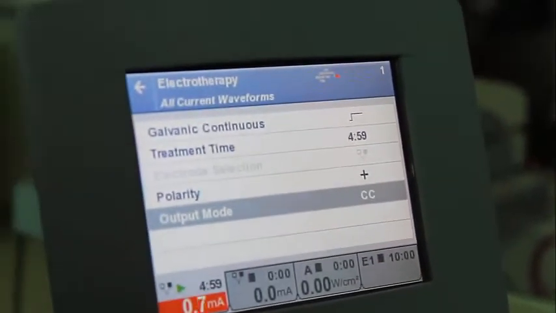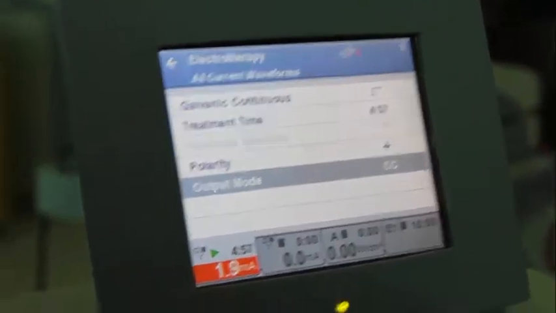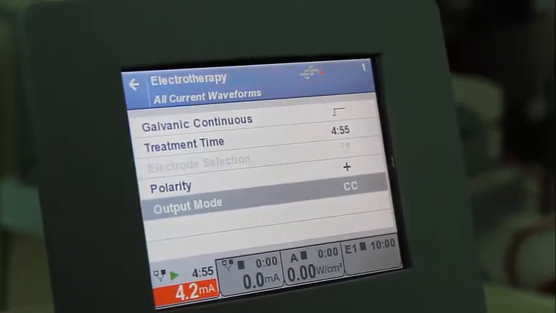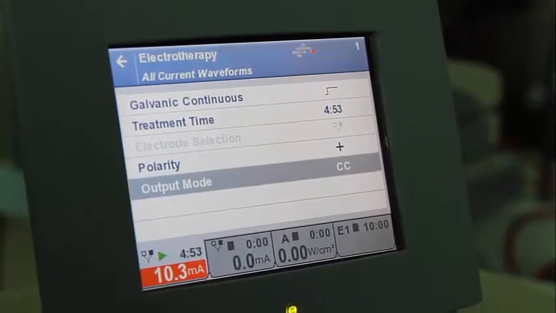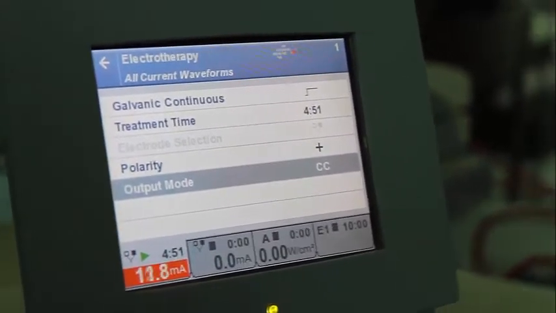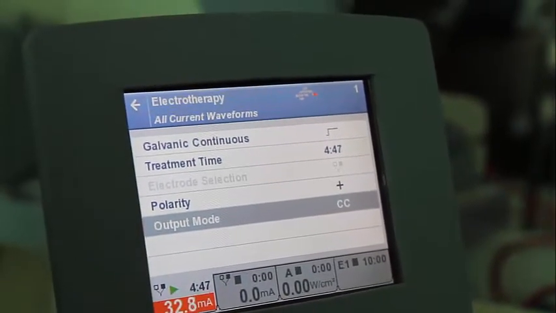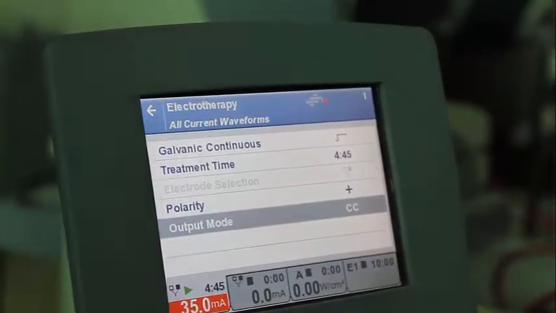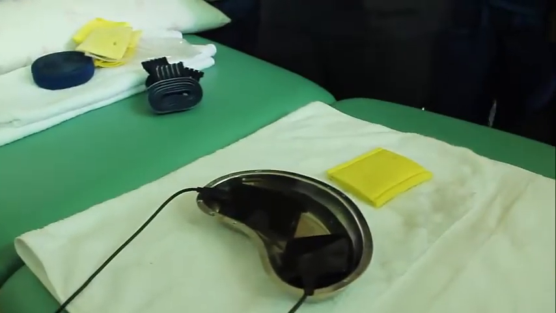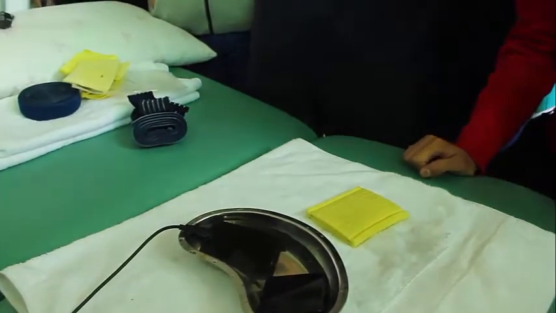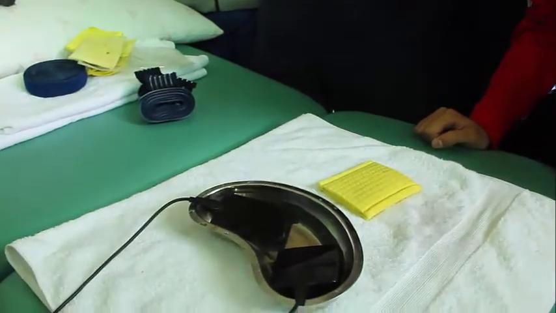So increase the intensity to 20 to 40 milliamperes. I have kept 35 milliamperes. Now you see what happens inside the water. We have to see it. Just wait for 2 minutes. Don't touch the bed.